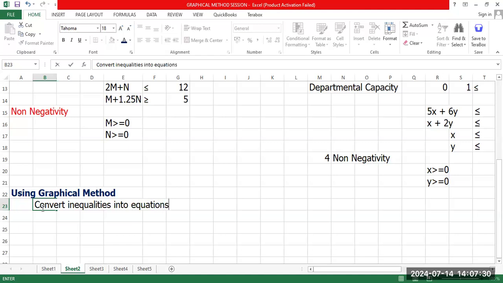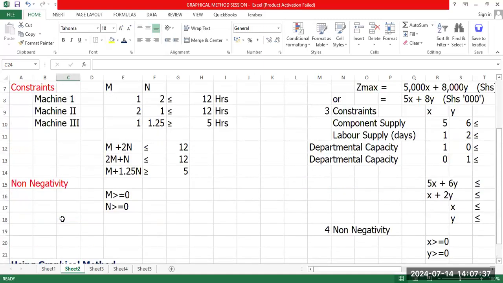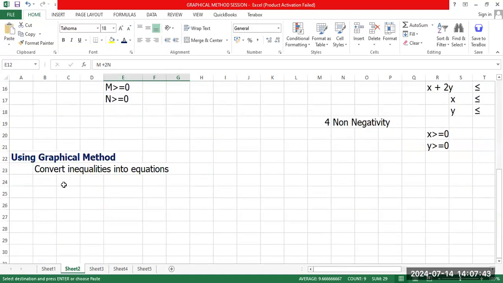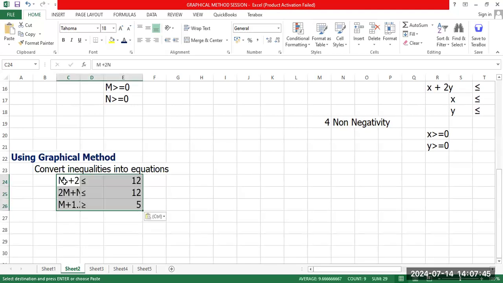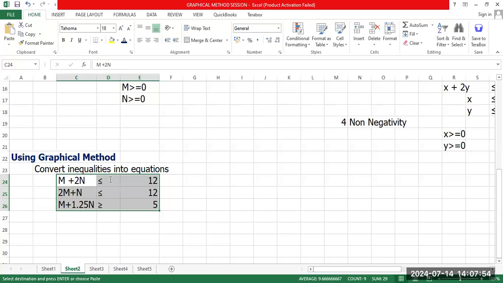That should be your first step. Convert your inequalities into equations. These are our inequalities. We are going to convert them into equations. Where there is an inequality, you remove it and put an equal sign.